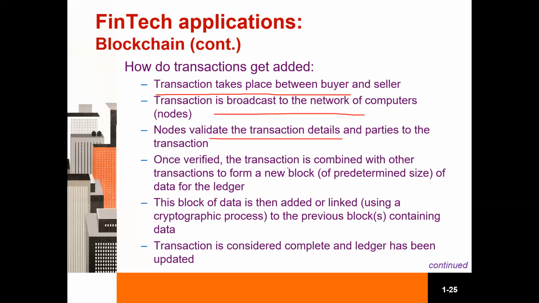Once verified, the transaction is then combined with other transactions to form a block. The block of data is then added or linked to previous blocks. And then the transaction is considered complete and the ledger has been updated.